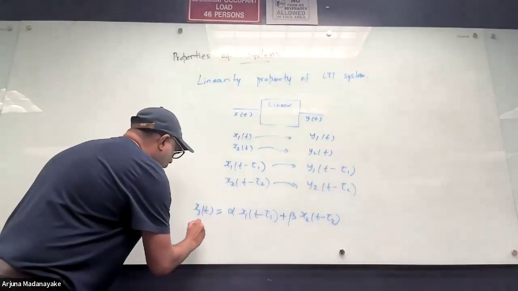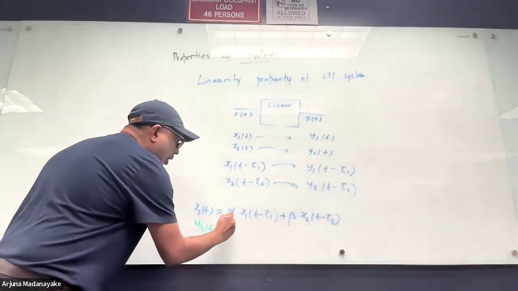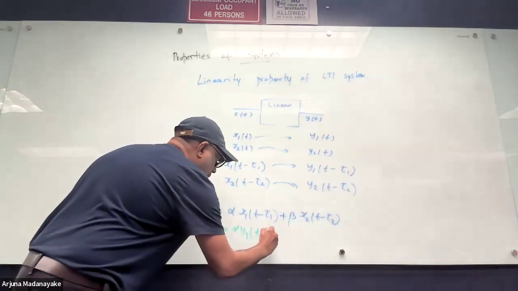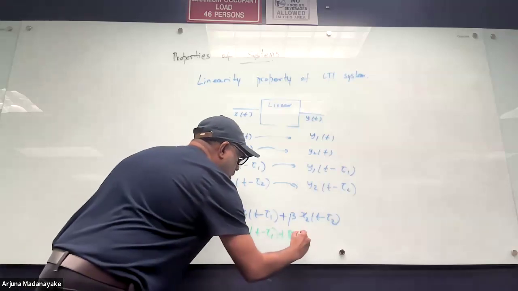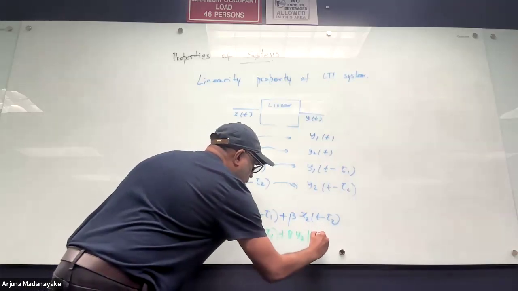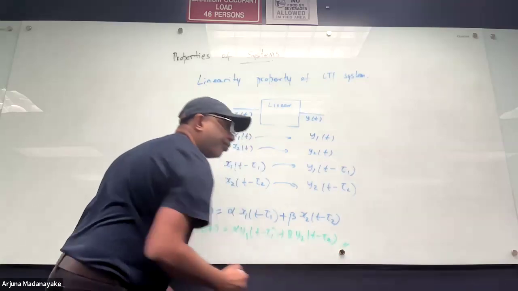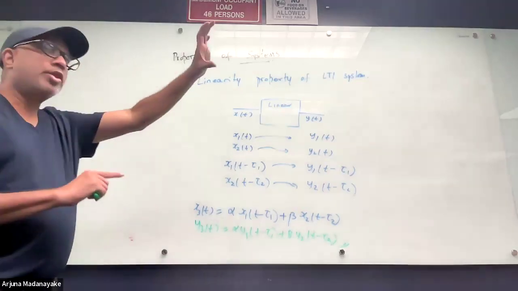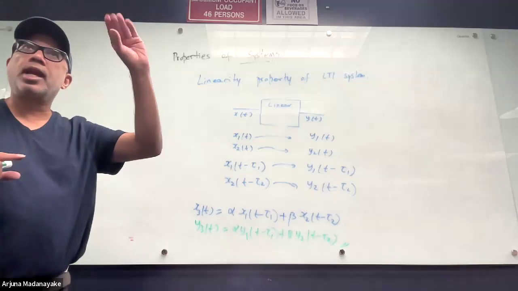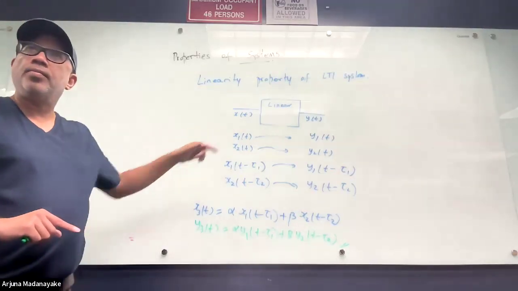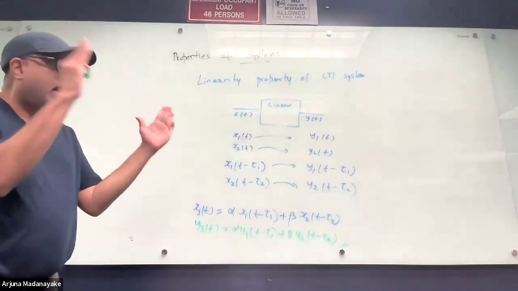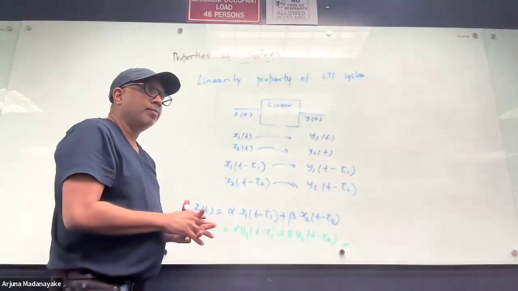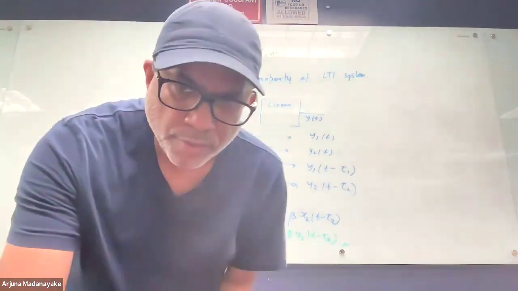What's the output y3? Similarly scaled, so alpha y1 similarly delayed, (t - tau1), plus beta y2(t - tau2). So the point here is that every component on the output side is simply scaled by the scaling factor that occurred on the input side, and on the output side, all the delays are exactly what happened on the input side. It just carries forward to the output side. All right, so we'll take it from there.